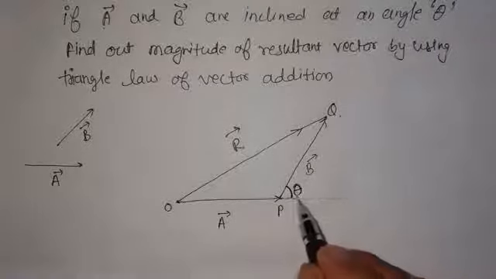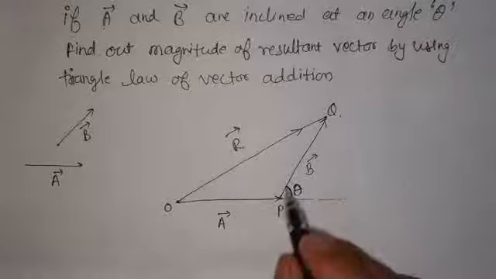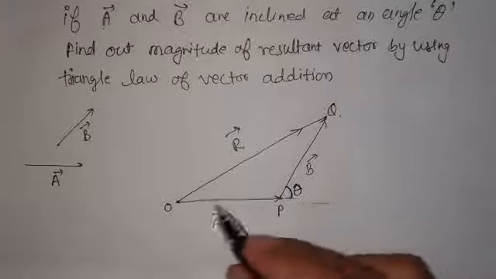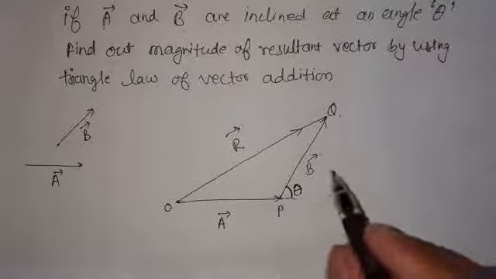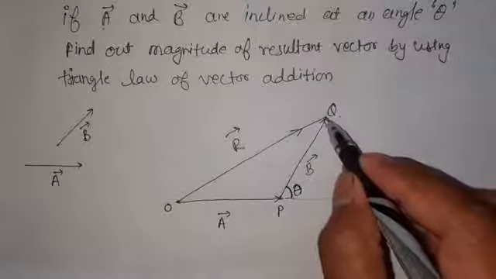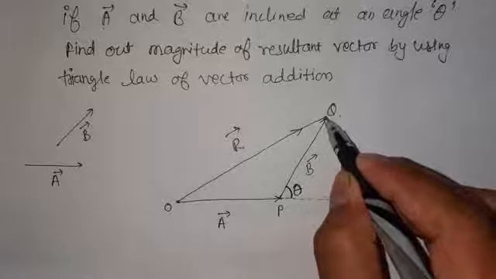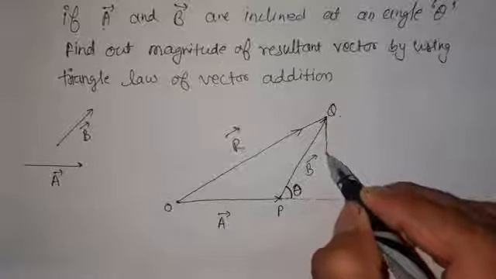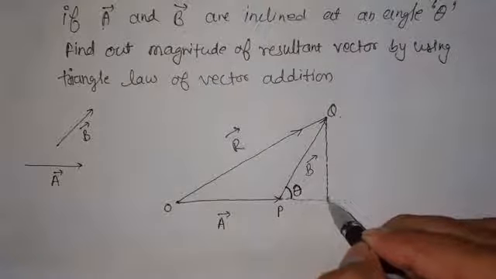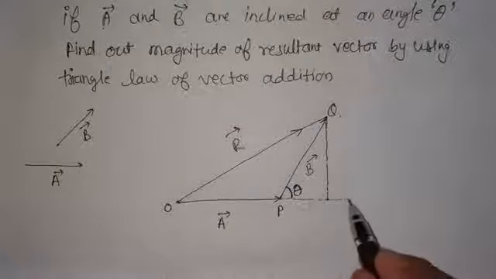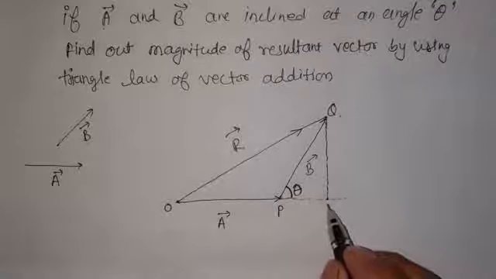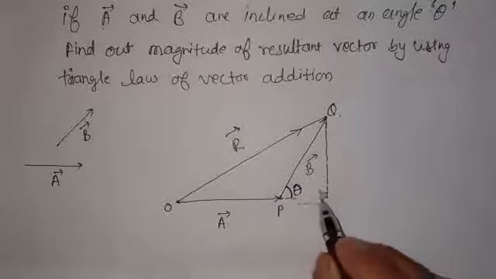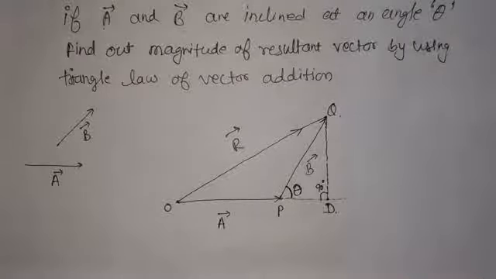We want to add them by using the triangle law of vector addition. For this purpose we have to do one thing: from Q, draw a perpendicular on this line which we have traced, and let it fall at the point named D. So this angle is now 90 degrees.